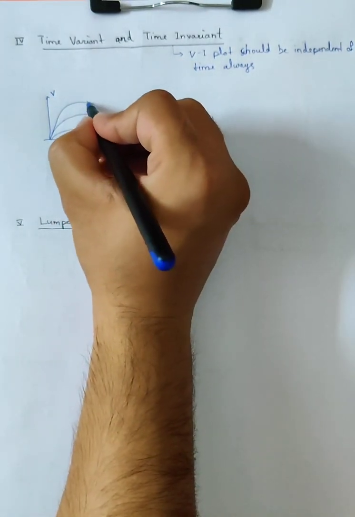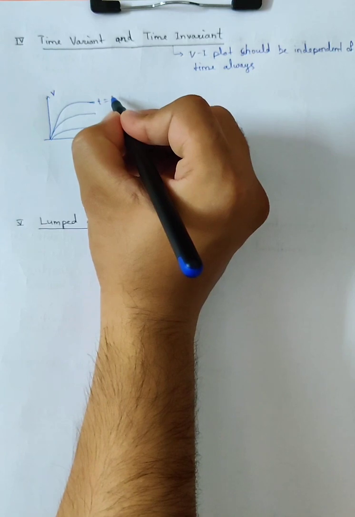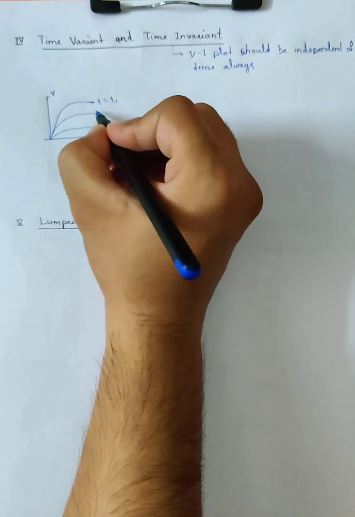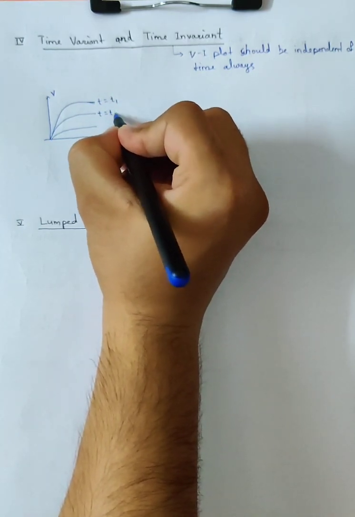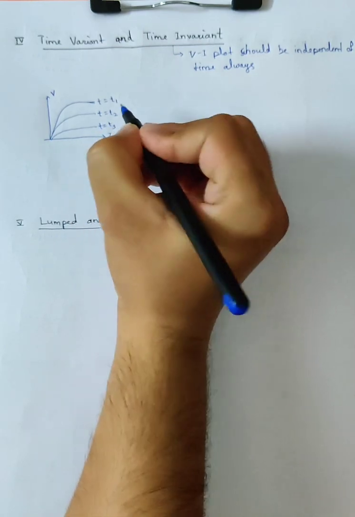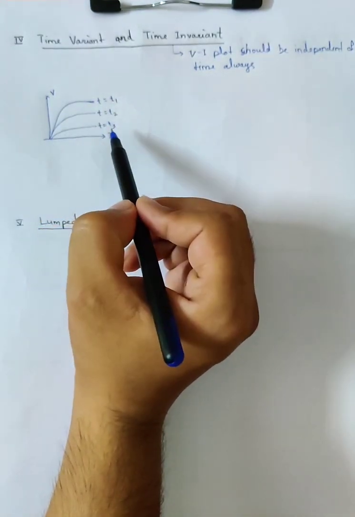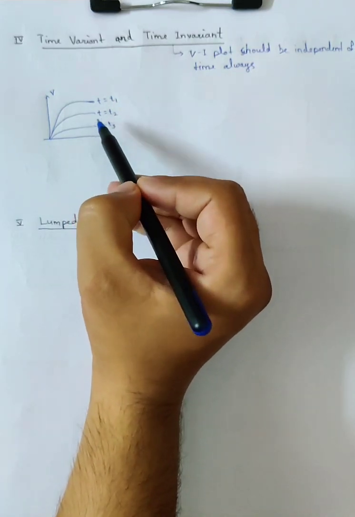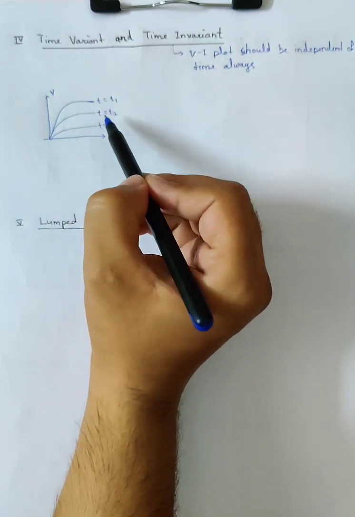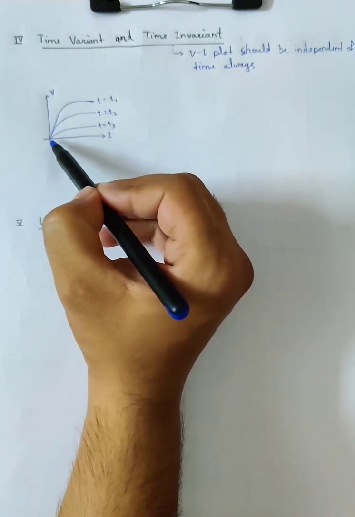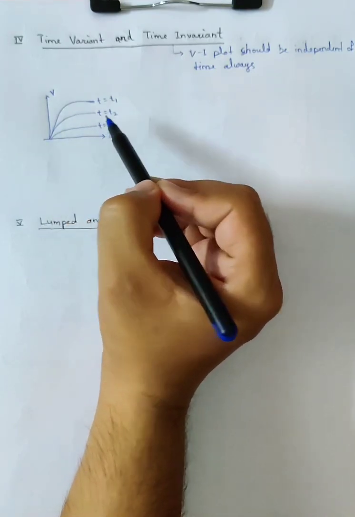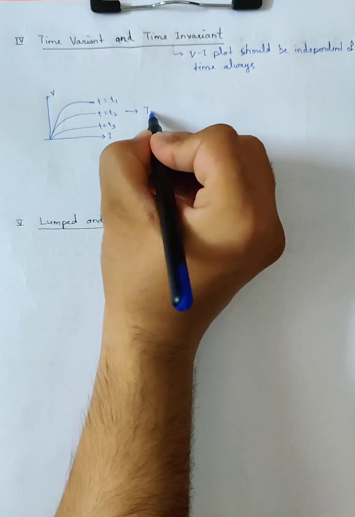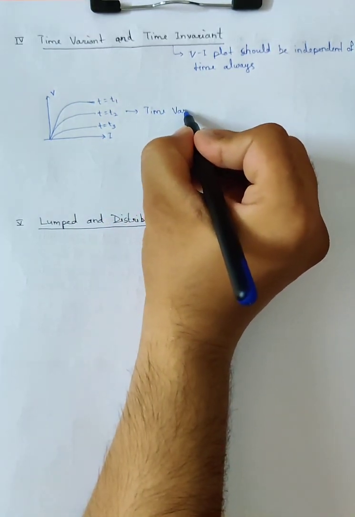VI, t is equal to T1, t is equal to T2, t is equal to T3. For this plot, the VI characteristics are dependent on time. For T1 the characteristic is this, for T2 the characteristic is this, and for T3 the characteristic is this. So it is time variant.